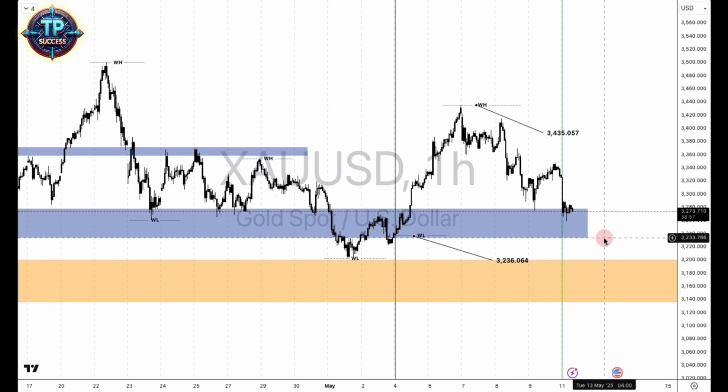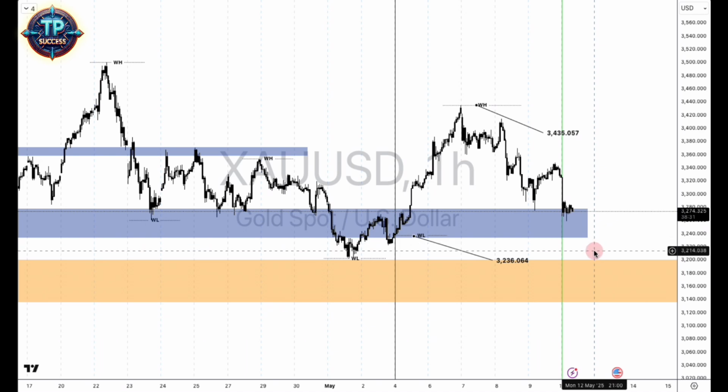Okay. So as it stands, weekly low, right? We're looking at 3236.06. That's the low. If price goes below that, we're looking for moves in the corresponding direction, which is downwards. And the high side, weekly high, it is 3435.05.